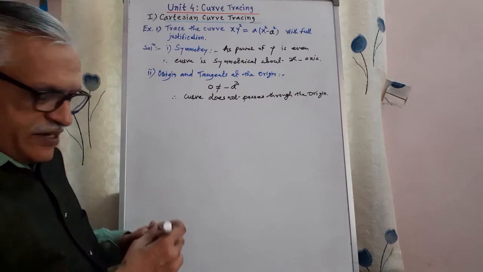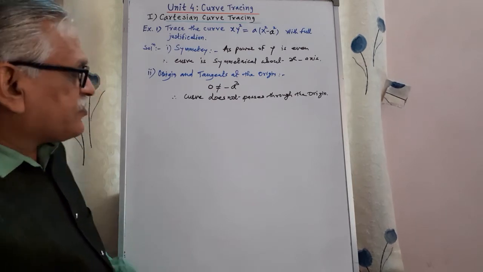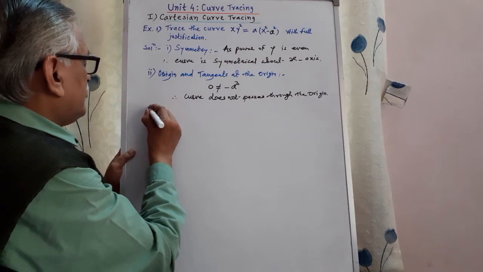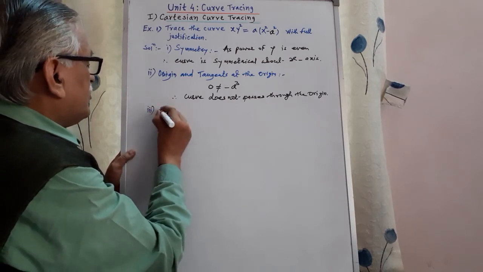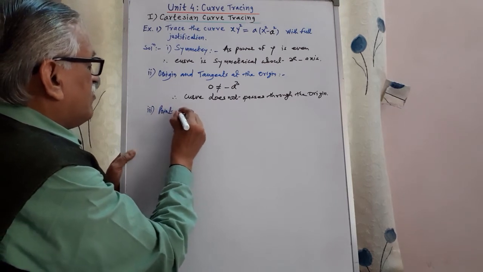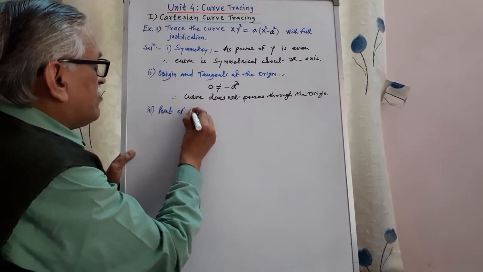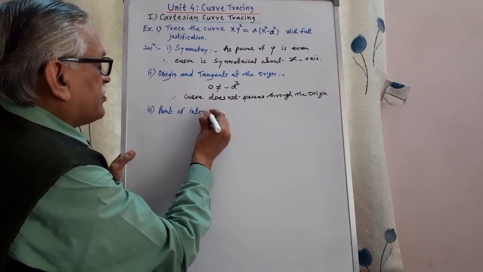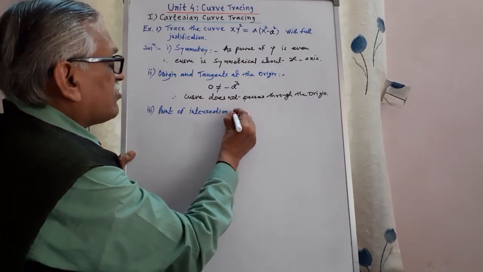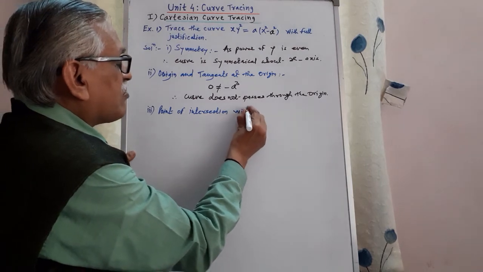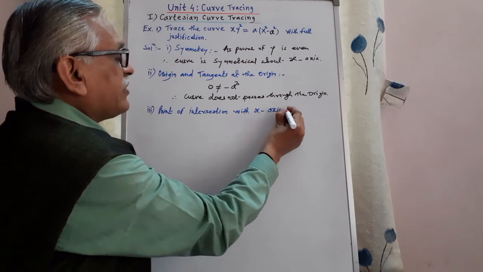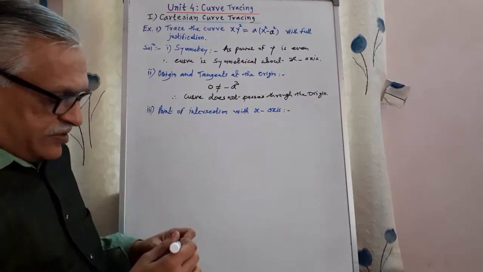We go for the next point, point of intersection with x-axis, as it is symmetrical about x-axis.